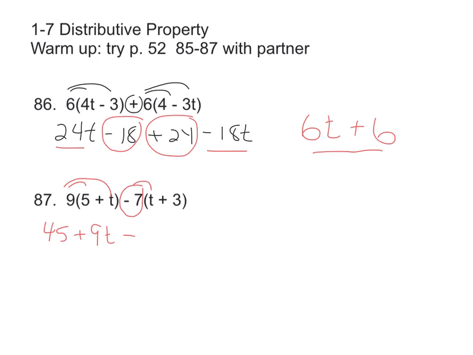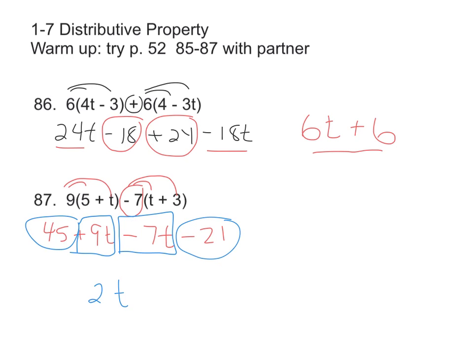So that's going to give us a negative 7t, and then a negative 7 times a positive 3 is a negative 21. At that point, we're going to combine like terms, so we have a positive 9t and a negative 7t, which makes 2t. And then we have 45 and negative 21, which would give us a positive 24.